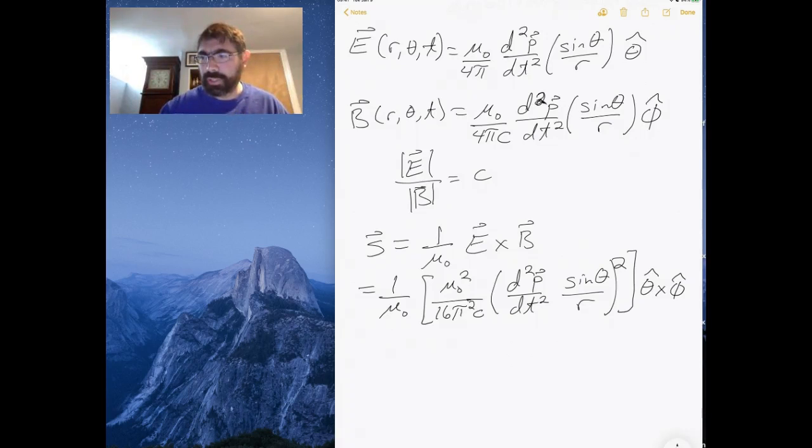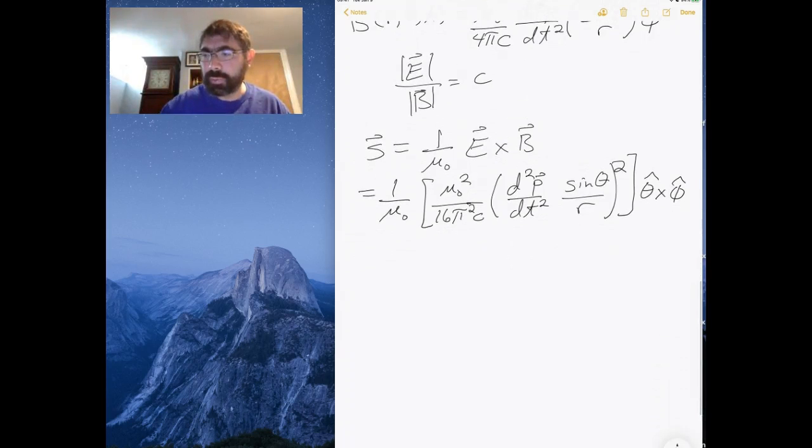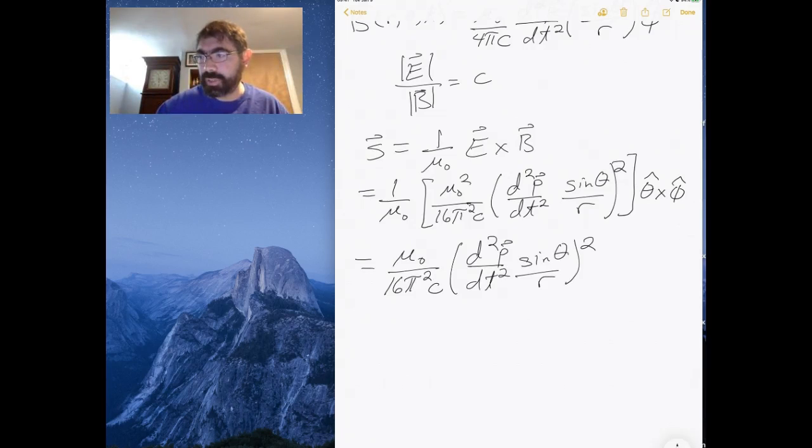So now if we clean this up a little bit more, what we get is mu0 over 16 pi squared c, second derivative, sine theta over r, quantity squared, in the r direction.